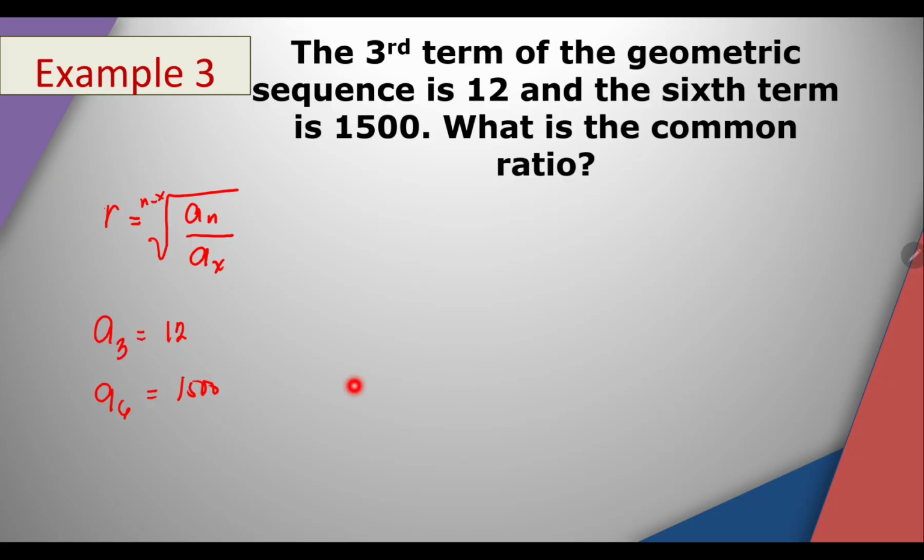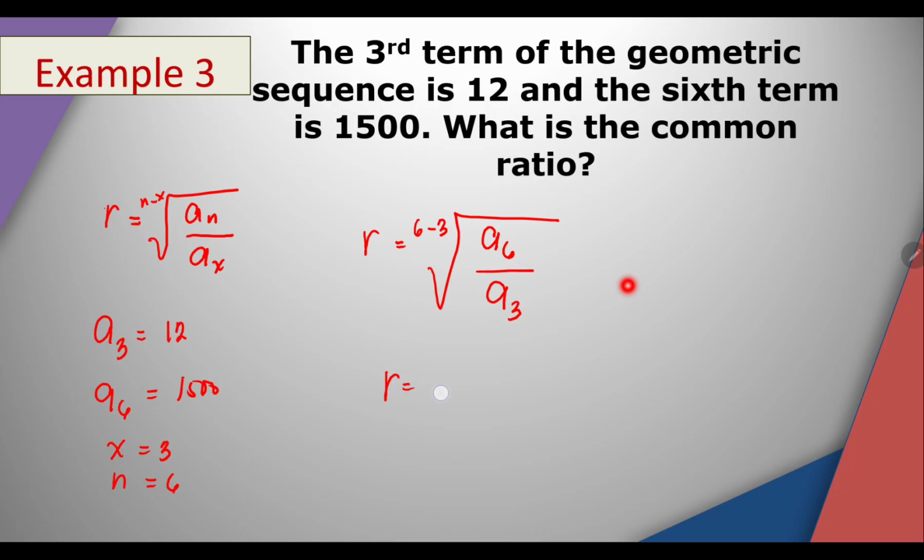So our x here will be 3, and our n will be 6. So the common ratio is equal to a sub 6 divided by a sub 3, and the index will be 6 minus 3.